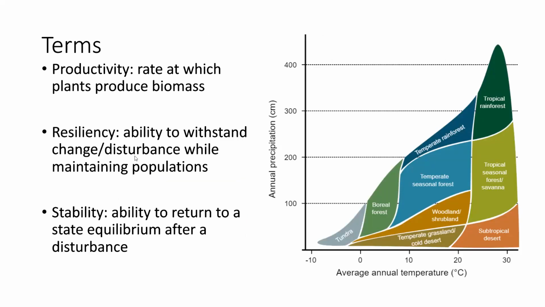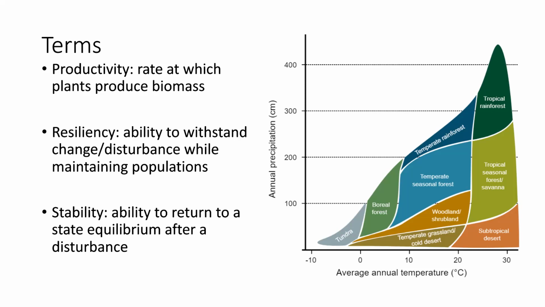And then with these, again, we've seen these terms in previous chapters. I want to say chapter 2, but I'm not great at remembering exactly what chapters they are. But productivity, just the production of that biomass. Resiliency.